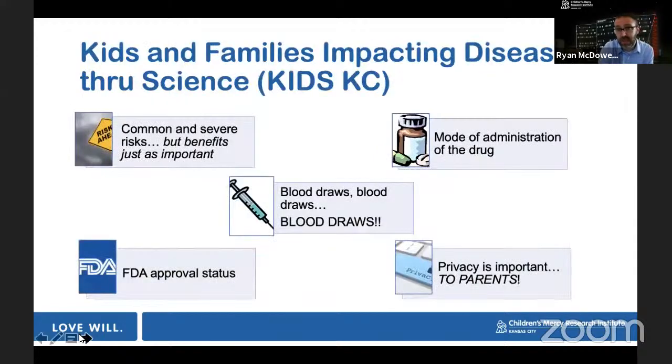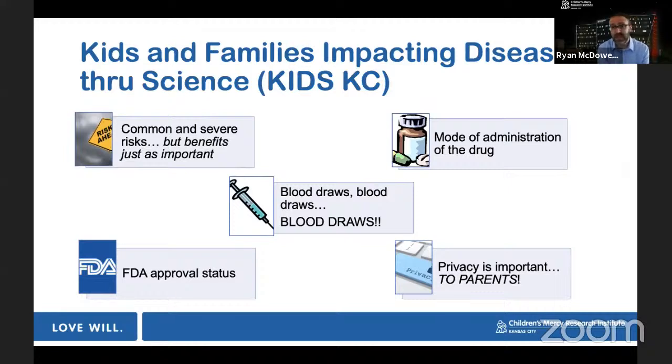After that, the next place that I went to was our teen advisory board. Our board is called Kids and Families Impacting Disease Through Science. So Kids KC, it's our local chapter of the International Children's Advisory Network. These are a lot of kids who had either been patients when they were a little bit younger or current patients, and some of them are just teens who are maybe interested in the healthcare profession of some kind and join the advisory group.